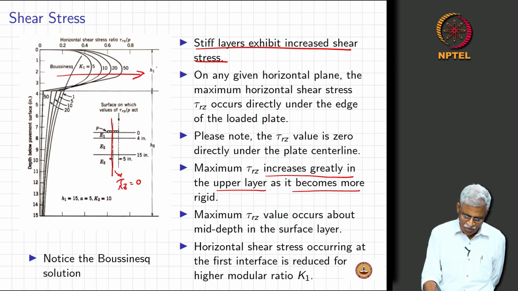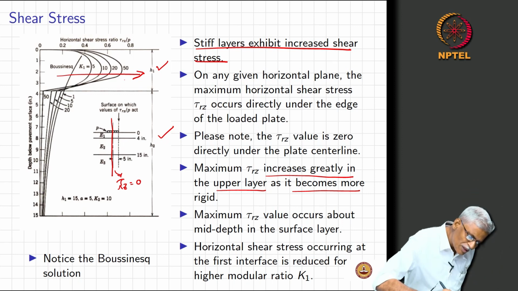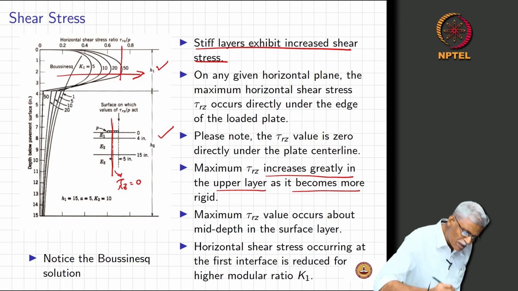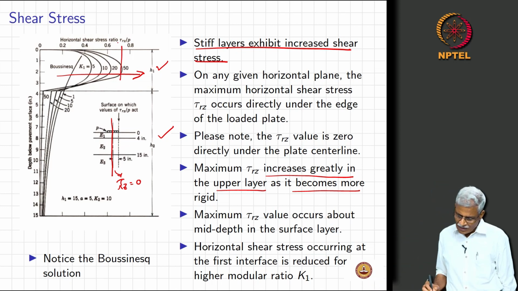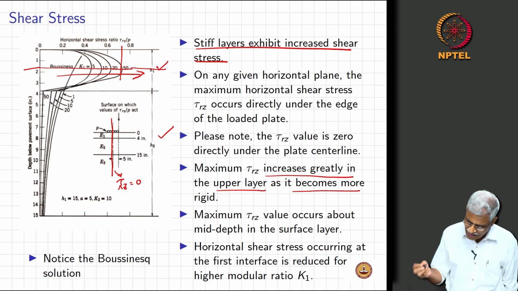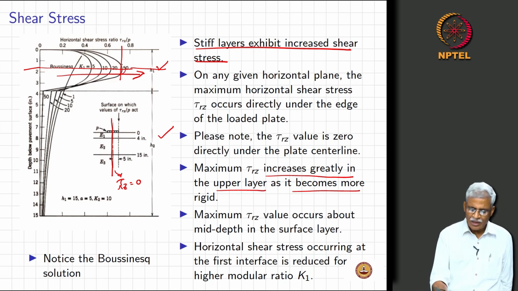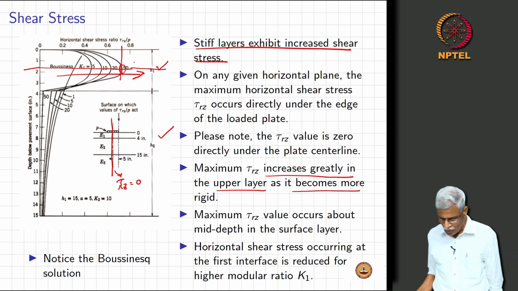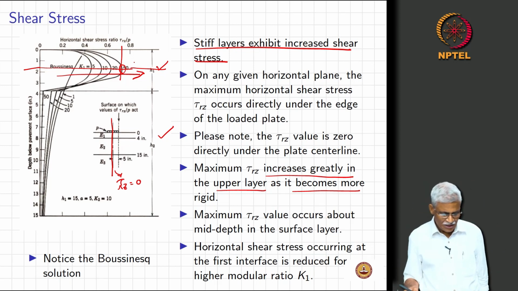So, you keep the same thickness H1 and H2, and when you keep increasing it, you are going to see that the stresses considerably increase, and the maximum shear stress in this particular case occurs more or less in the middle, okay, that is where you are going to have the shear stress.